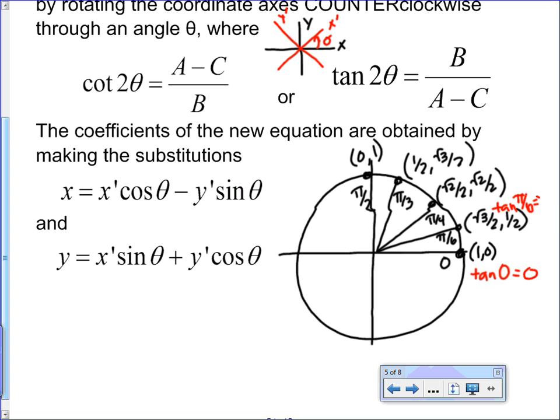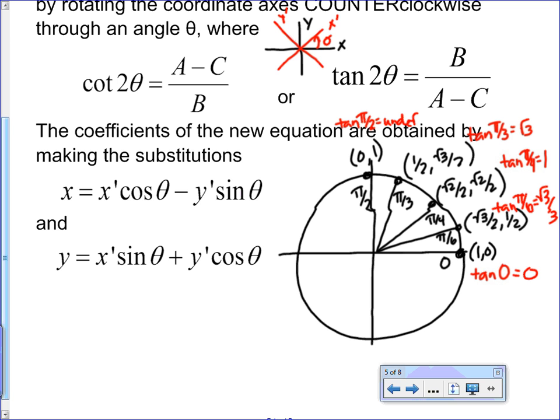Square root 3 over 3. What's the tangent of pi over 4? 1. The tangent of pi over 3? Square root of 3, and then the tangent of pi over 2, undefined.